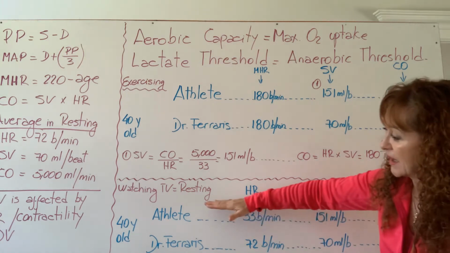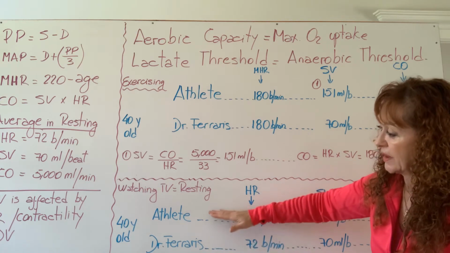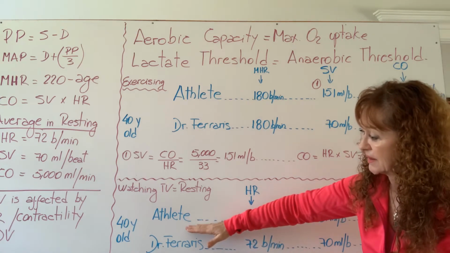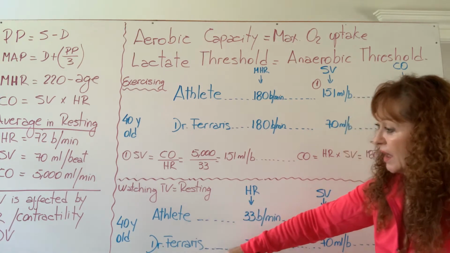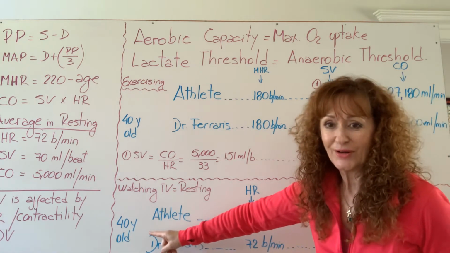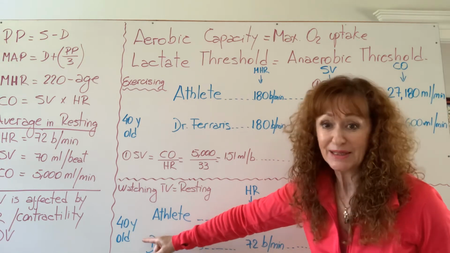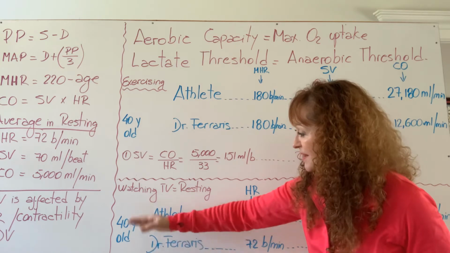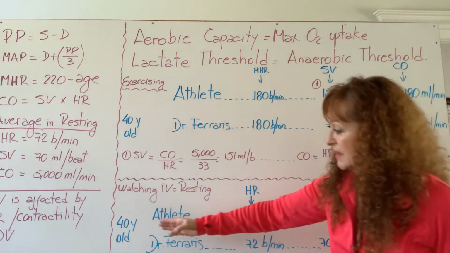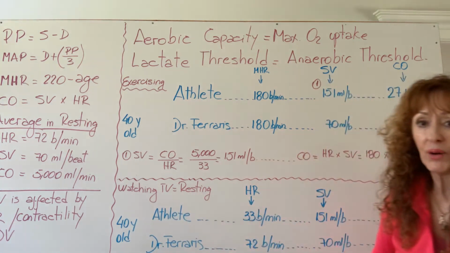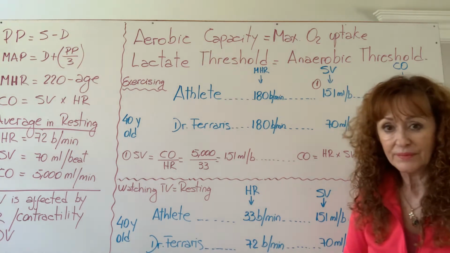I present here two scenarios, the athlete and myself. Obviously I'm not 40 years old, but let's pretend I am, just to make the numbers. And yes, the athlete and I both are 40 years old.